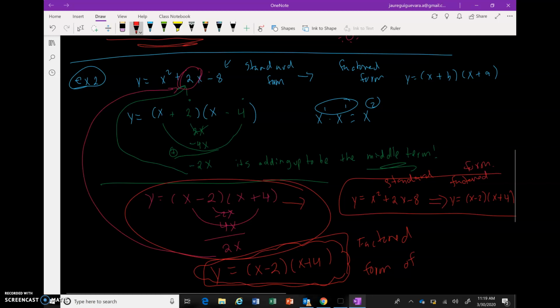Thereby, guys, we're basically saying that we converted a quadratic equation from standard form to factored form. Okay? Thank you.